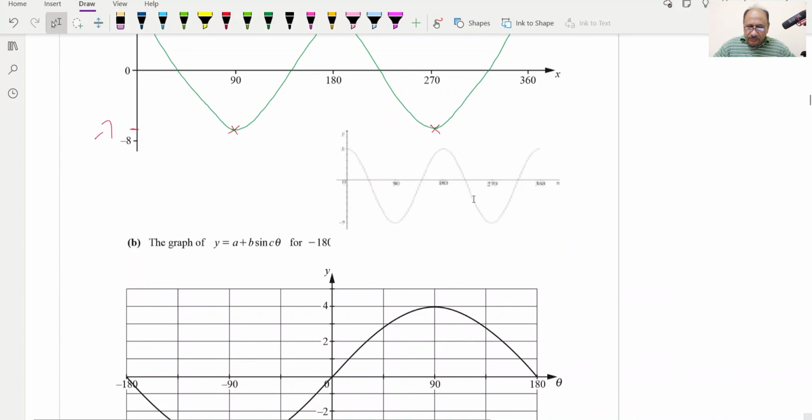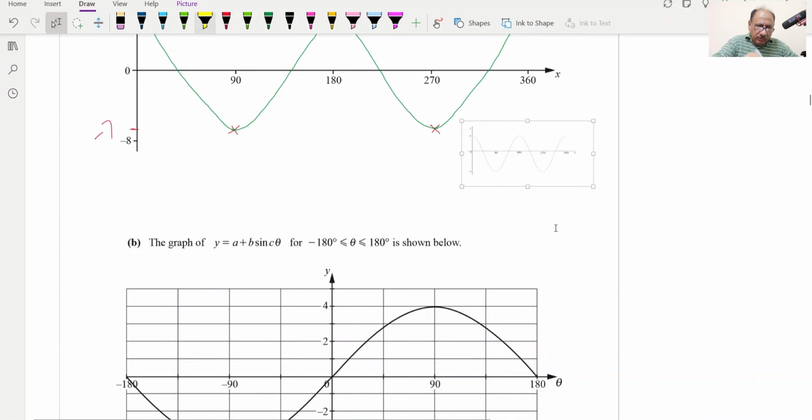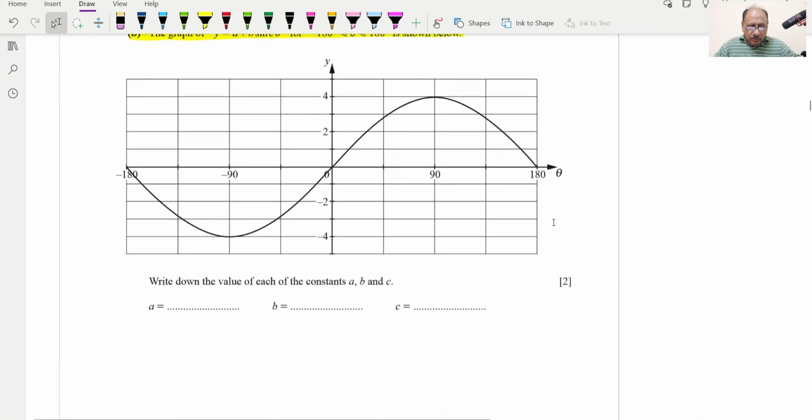Then for the B part, the graph of y equal to a plus b sine c theta for minus 180 to 180 is shown below, and we have to write down the values of the constants a, b, and c.